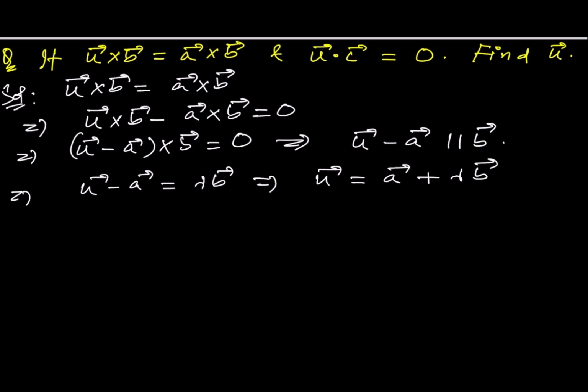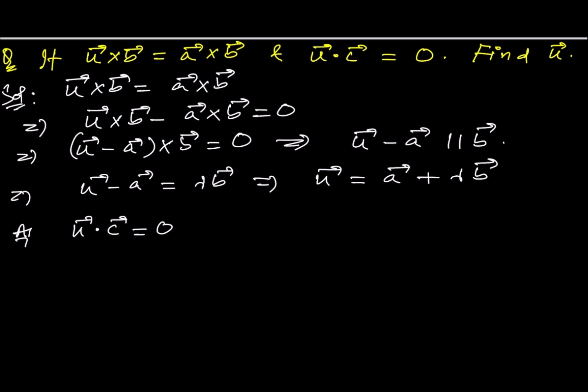Now if we find u vector, then we have to determine lambda also, right? Also u vector dot c vector is equal to 0.